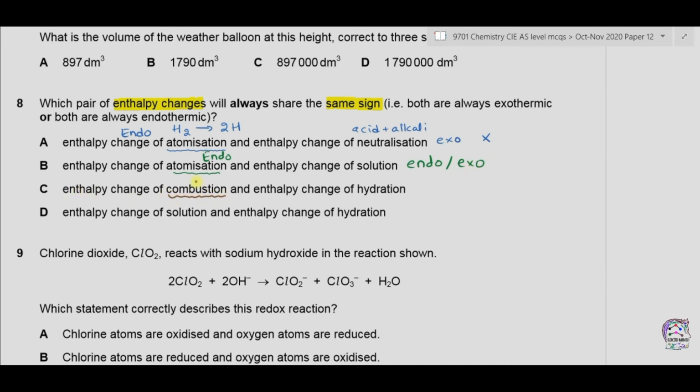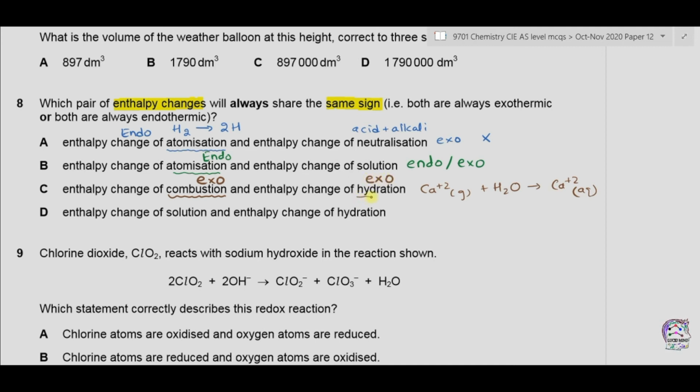In combustion, something burns in the presence of oxygen and it is exothermic in nature as energy is released. Enthalpy change of hydration is when a gaseous ion converts into an aqueous ion. Now we can see that the gaseous atomic ion has very high energy as compared to the aqueous ion, so the energy is released in enthalpy change of hydration.